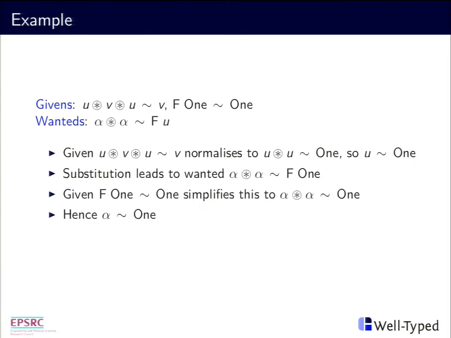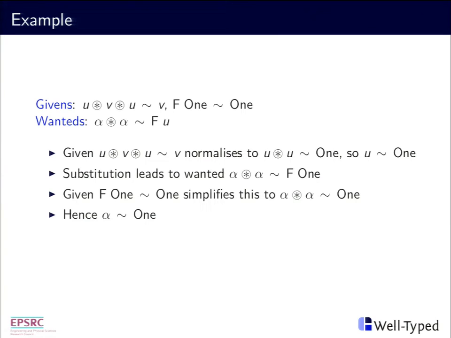To take an example of what's going on in the constraint solver, suppose we have some given constraints. We know that u times v times u is equal to v, and we know that some type family f, when applied to 1, gives you 1.